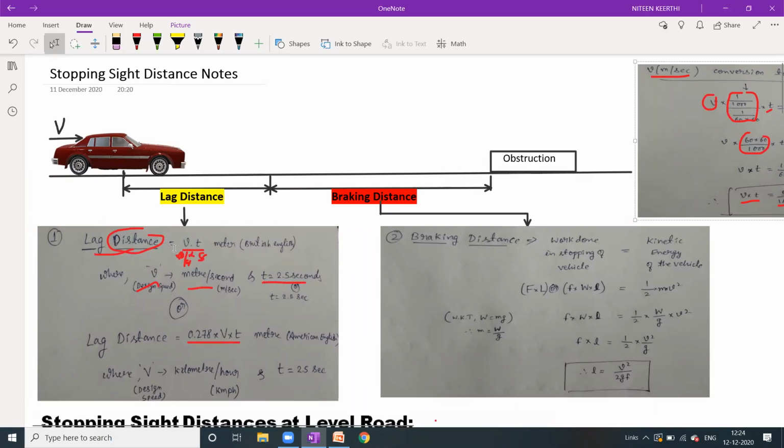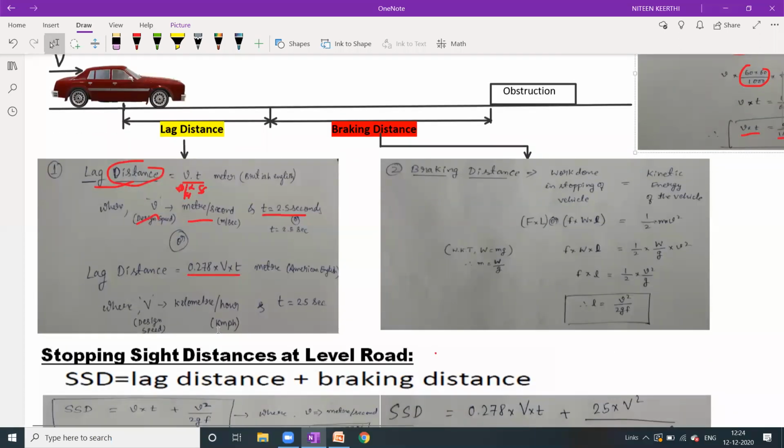So lag distance is simple: velocity into time, right? Velocity may be in meter per second or kilometer per hour. I've written meter in a certain way, so don't get confused here. Meter is actually British English, and metre is American English.